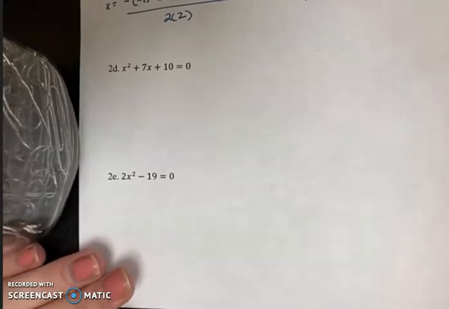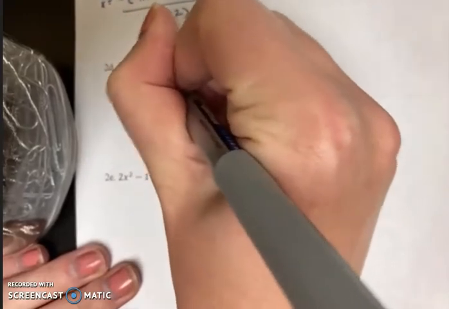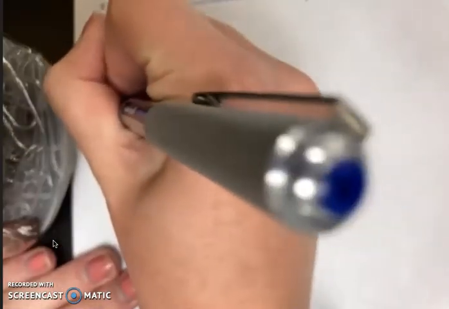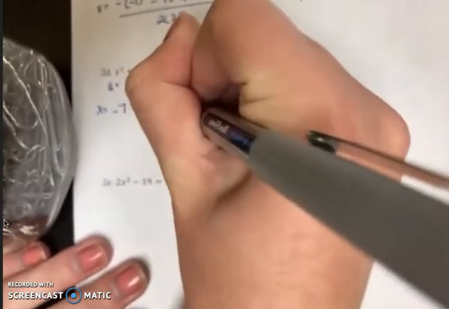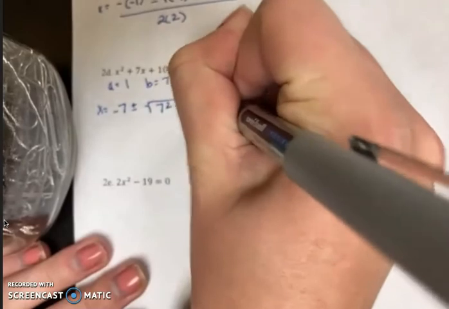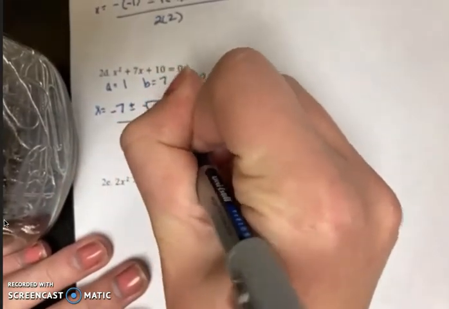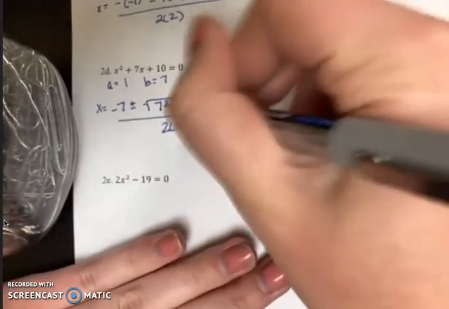Example 2D, let's once again identify A, B, and C. Plug it into our equation, so I have negative B plus or minus the square root of B squared minus 4 times A times C all over 2A. First thing I'm going to do is clean up the discriminant.